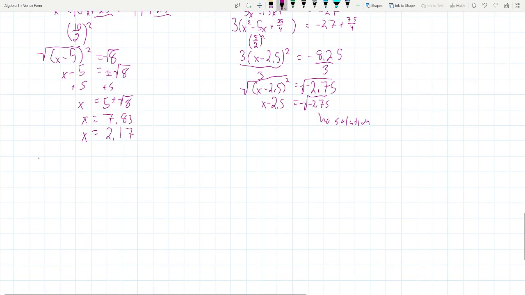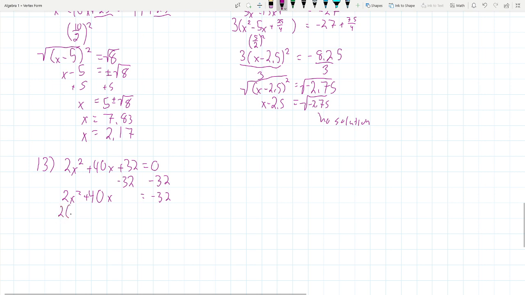All right, number 13. 2x squared plus 40x plus 32 equals 0. I subtract 32 from both sides. Get 2x squared plus 40x equals negative 32.